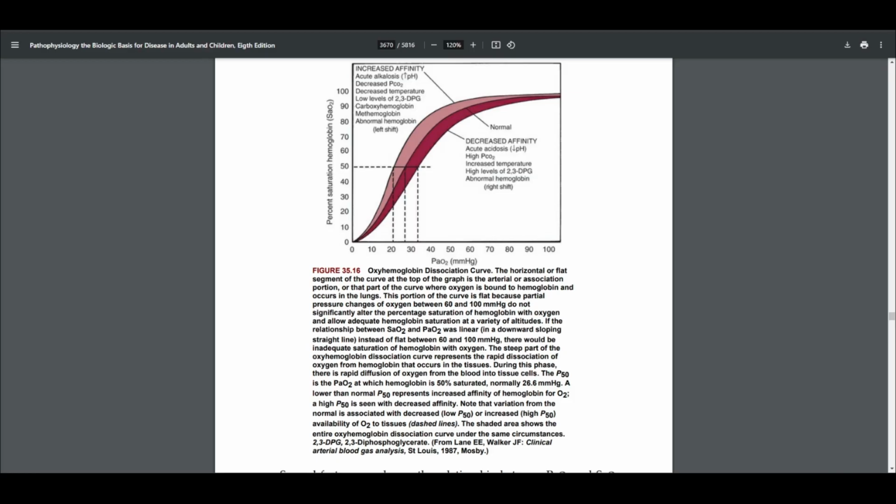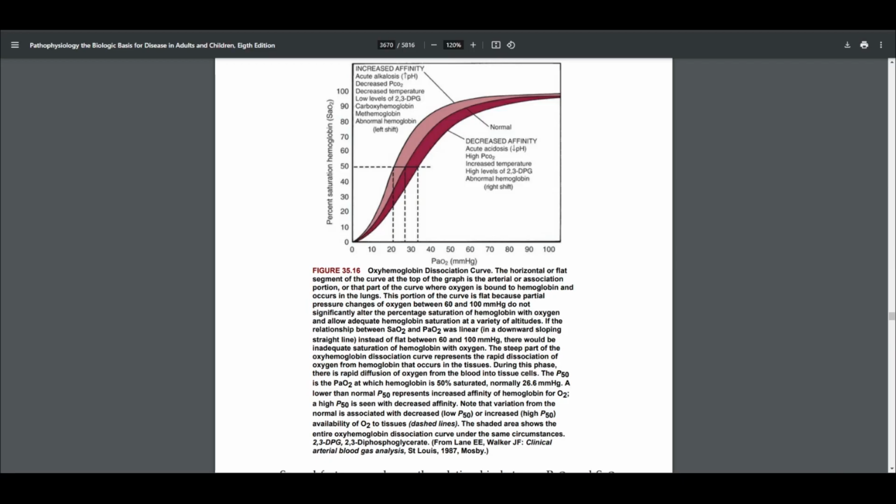If the relationship between SaO2 and PaO2 was linear, in a downward sloping straight line instead of flat, there would be an inadequate saturation of hemoglobin with oxygen. The steep part of the oxyhemoglobin dissociation curve represents the rapid dissociation of oxygen from hemoglobin that occurs in the tissues.